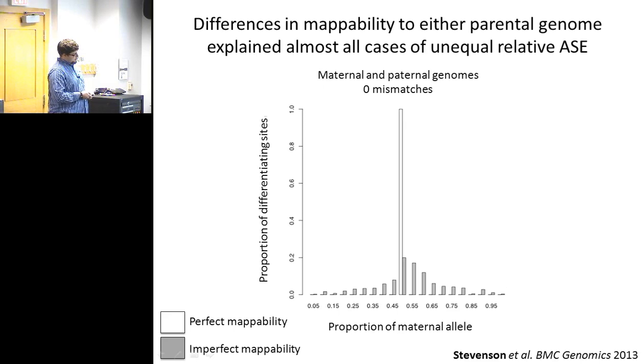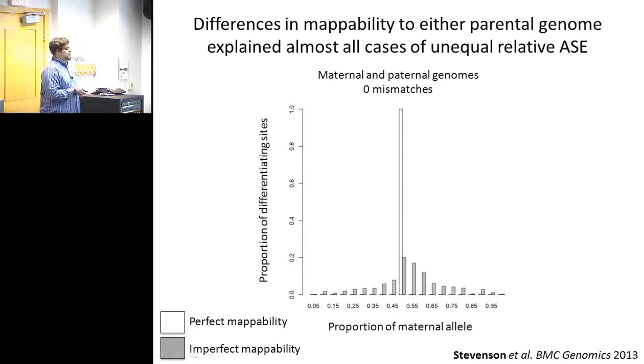And what I'm not showing here, but was something we also looked at, the direction of this bias was directly related to which genome, either the maternal or the paternal genome, showed the level of imperfect mappability.